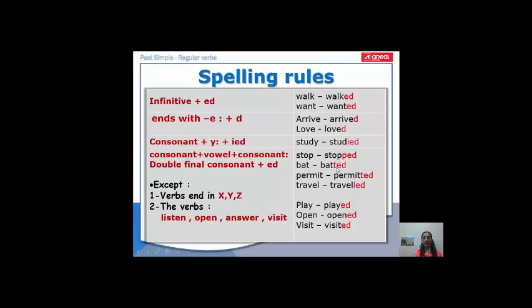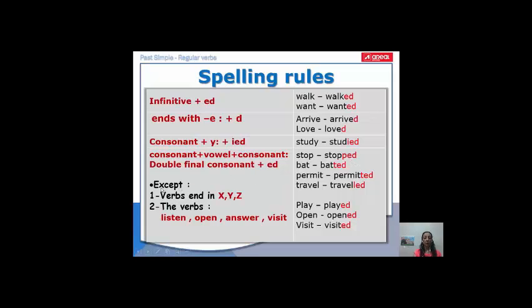Bat, bathed. Permit, permitted. Travel, traveled. So we look at the last three letters of the verb, and when we find CVC letters, we put another letter at the end of the verb, then put ed.